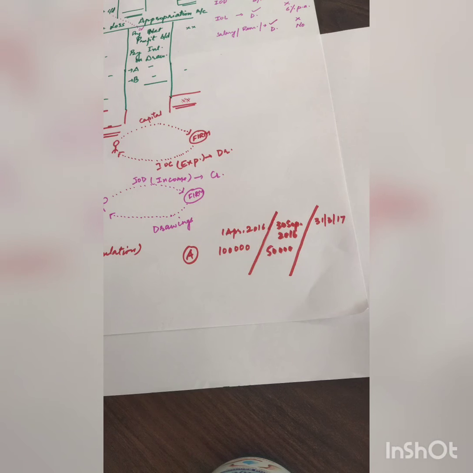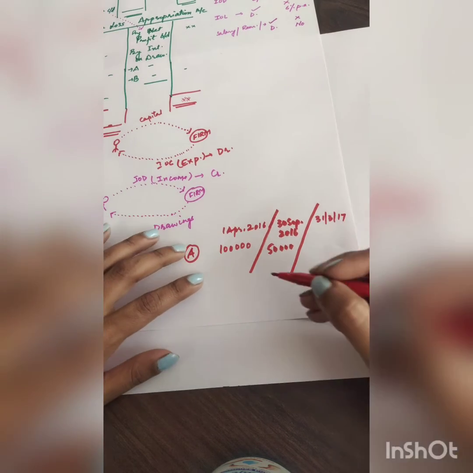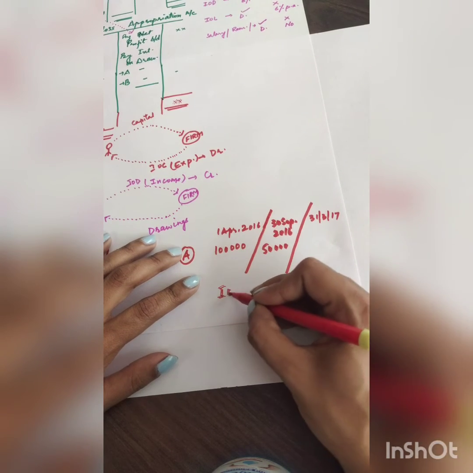And I will tell you a shortcut which you can apply so that you get the correct amount. There are 2-3 methods which may obviously confuse you, so you have to be very sure that you use the method which is applicable everywhere. What you have to do is calculate IOC.